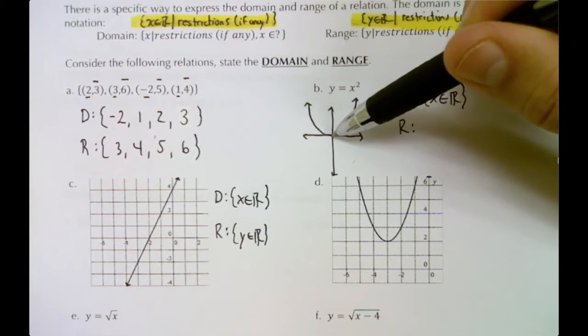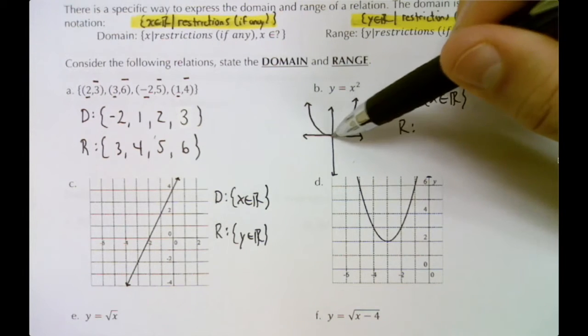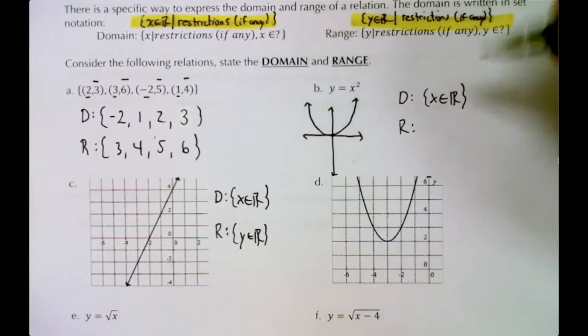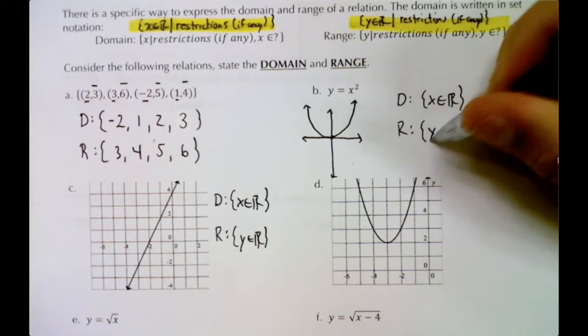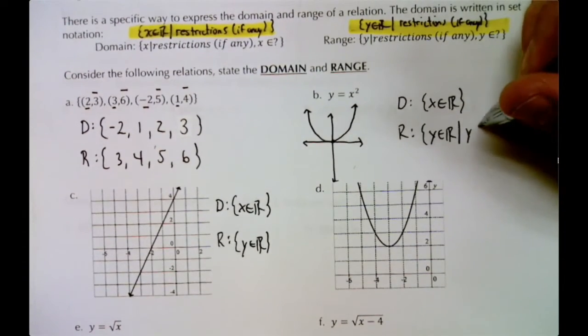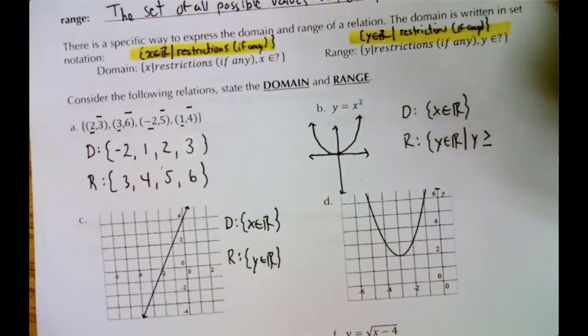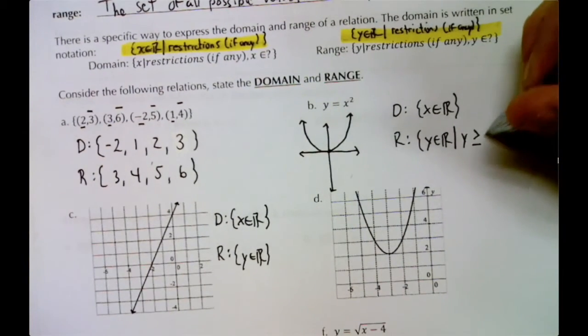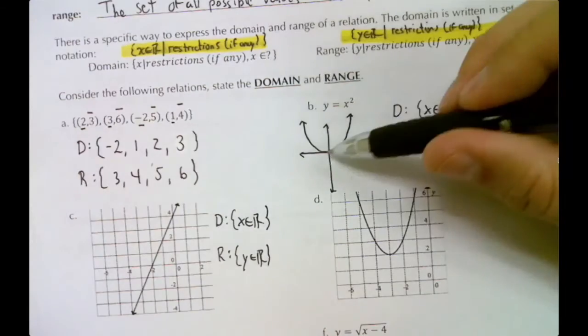Our curve only goes up. The lowest number it gets to is 0. So when we write our range, we can say that y belongs to real, but we have to say that the y's are always greater than or equal to 0, because 0 is the lowest value of y.